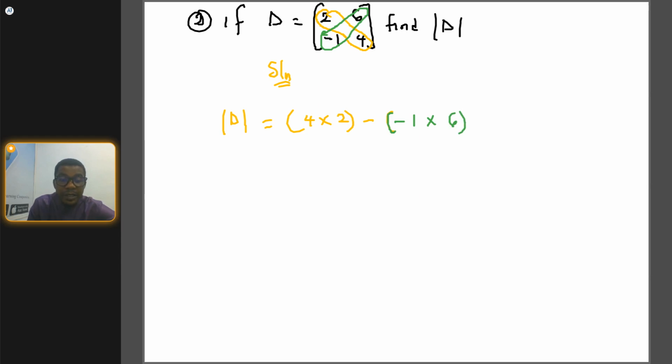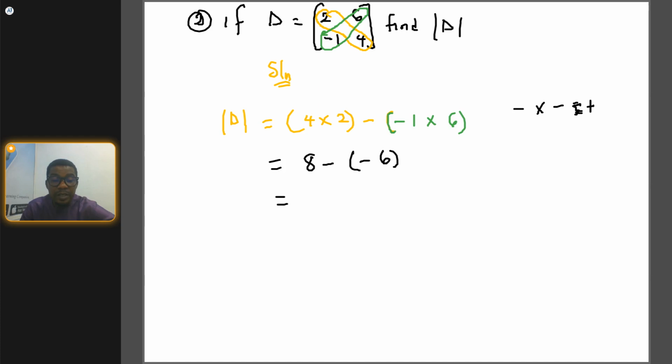When you simplify this, 4 times 2 will be 8, minus, multiplying minus 1 times 6 should give us minus 6. We go ahead to open the bracket by multiplying the sign, minus times minus, which is plus. Why did I say minus times minus?